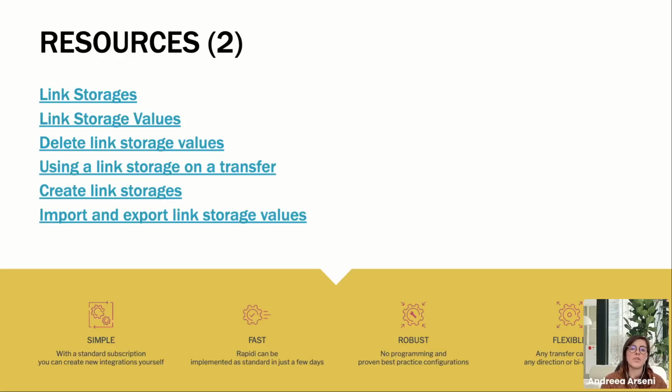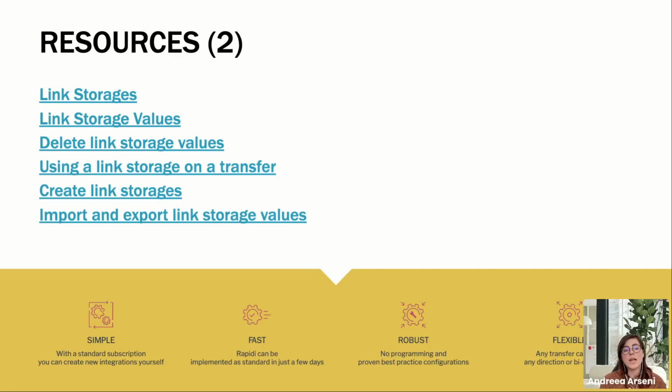And then the specific resources for this session, we have quite a lot. So we do have several articles with regards to link storages. So how to set up link storages, how to deal with the values that you have in there, how to delete if necessary, then how to use it on a transfer, what I showed you before. And I think that's a great combination to use it on a transfer so that you can rely on what's being stored in there. How to create link storages, so from scratch, adding all the information there and then adding it on a transfer, and import and export.